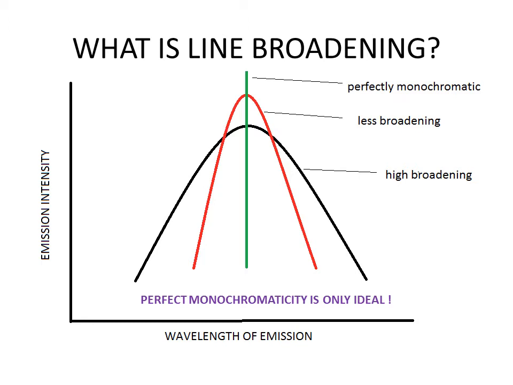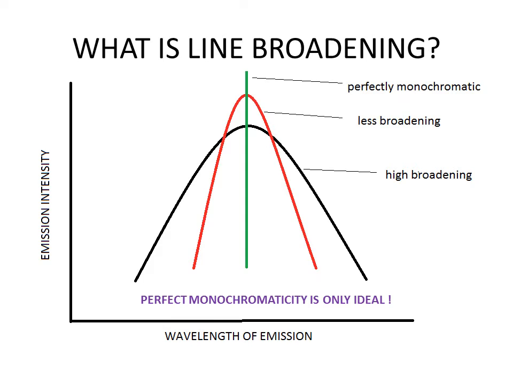If it contains only one frequency, then it is perfectly monochromatic, whereas in the case of a laser, not many frequencies are present in the output, so it is a very narrow line shape.